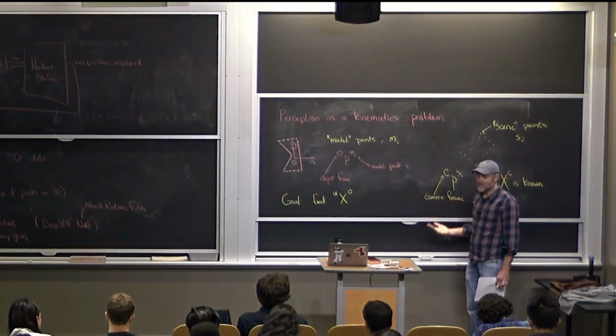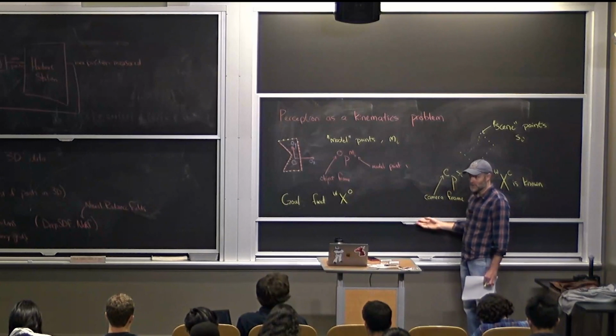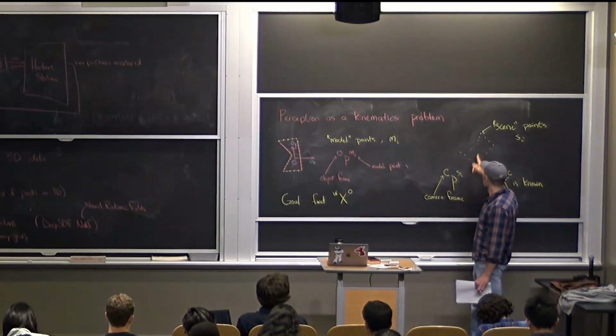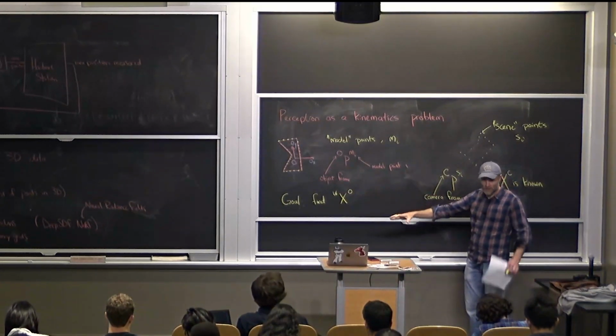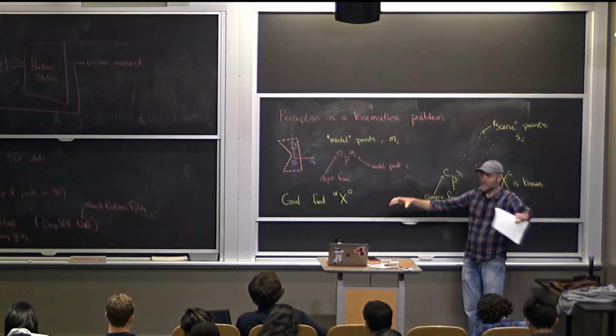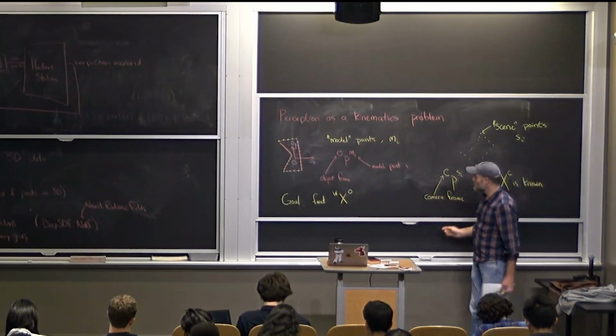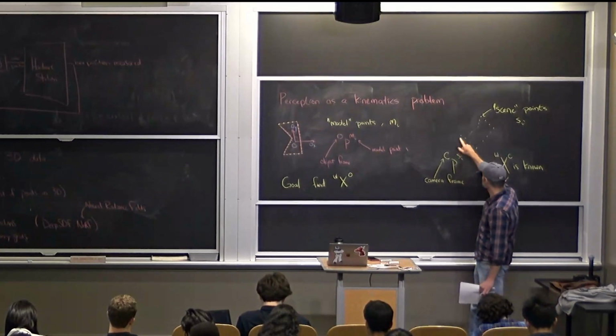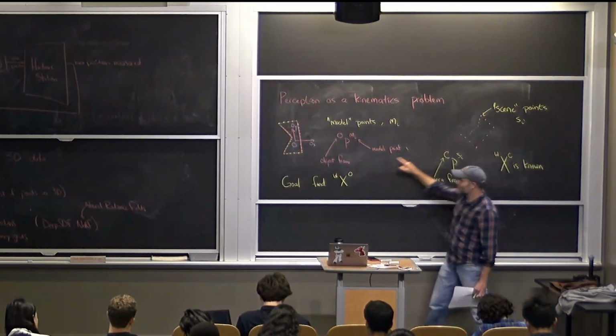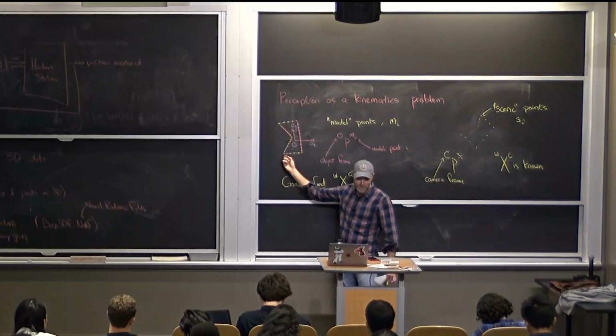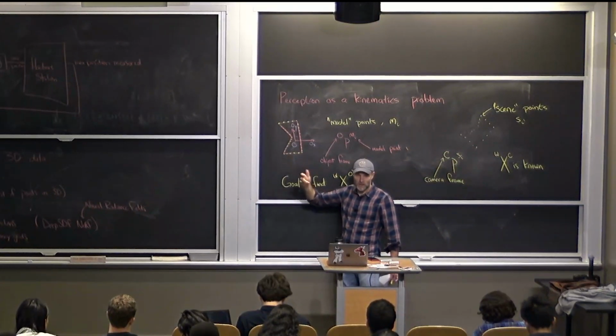And in general, it has to be acquired by some sort of logic. If you just have a pile of points over here and a pile of points over here, figuring out those correspondences is a massive part of the problem. But let's just start by assuming that someone said that the ith point here matches the ith point over here. And we'll solve the second part of that problem in a second. Yeah?